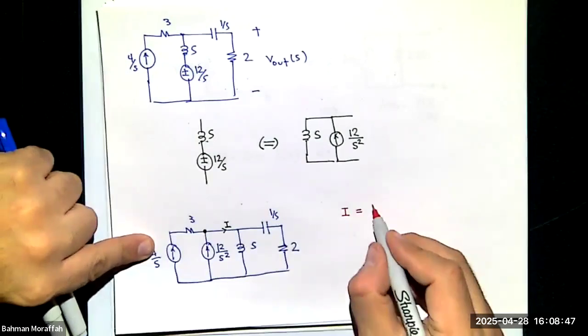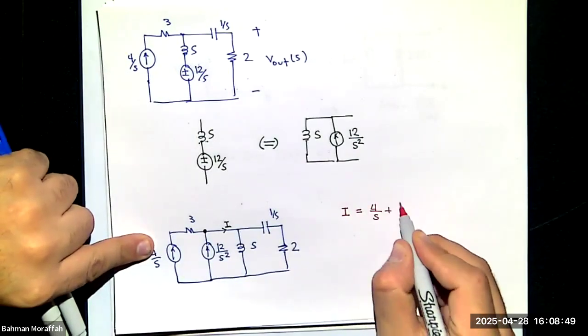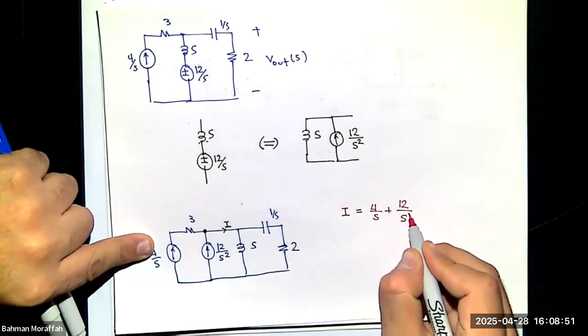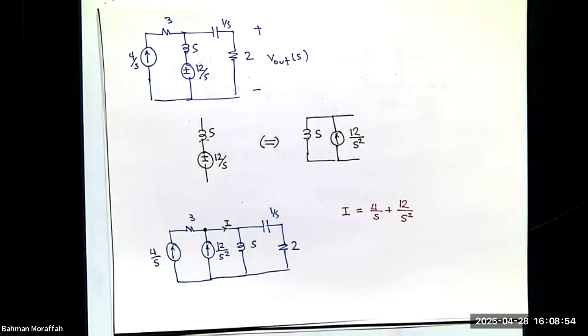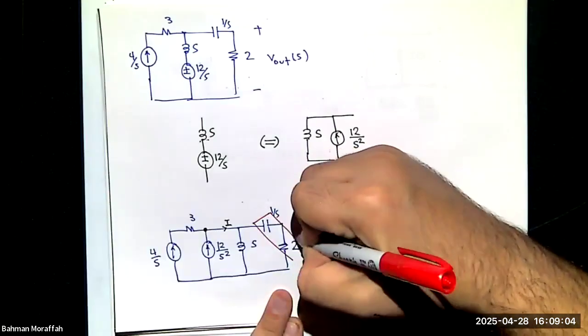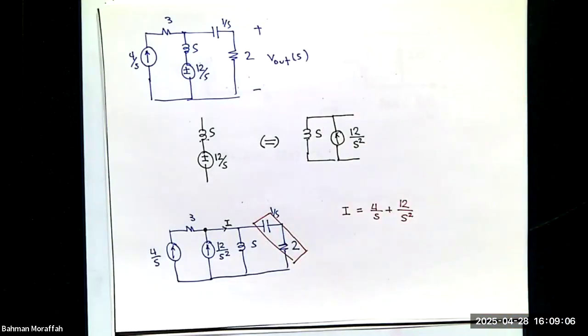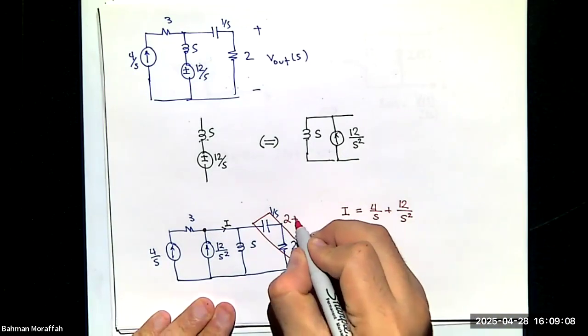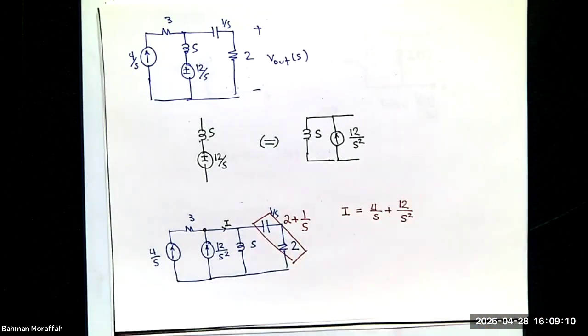I is 4 over S plus 12 over S squared. Yes or no? Do you agree I can combine these two? I can, right? That's 2 plus 1 over S.